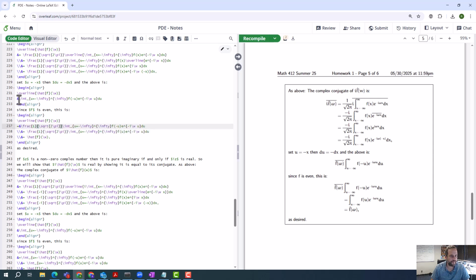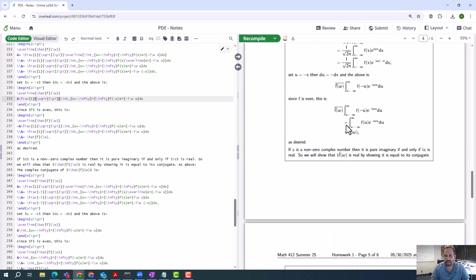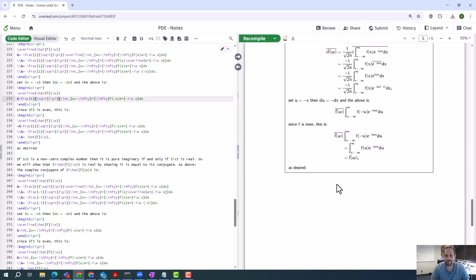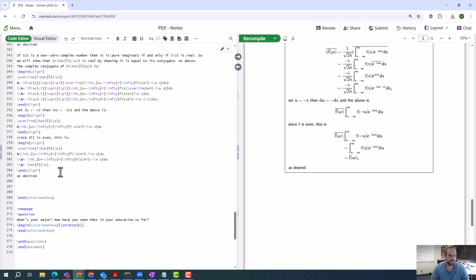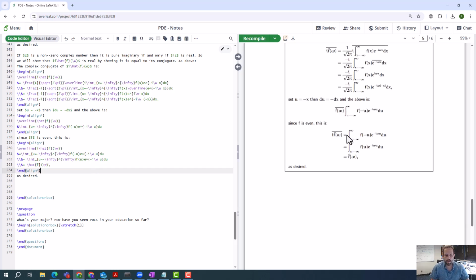So now I'm fixing some problems from above because if you see up here, I forgot the 1 over the square root of 2 pi, which unfortunately I do often. Okay, so now where am I down here? Okay, so now I need to put, and the above is, let me put an equal sign here.